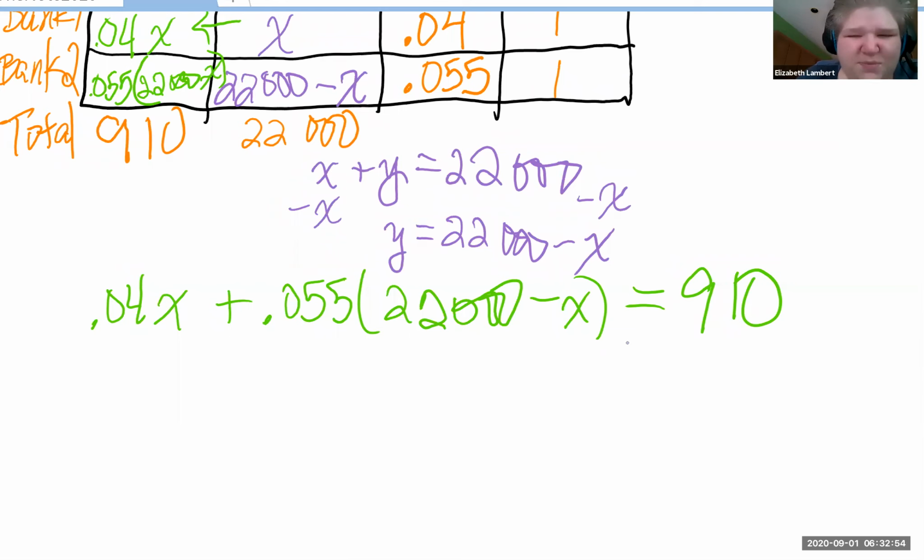And I find for this problem, because the 22,000 is so big, clearing the decimal, we could, but it's actually not that bad. That being said, calculator. I don't want to do 22,000 times 0.055 by hand. My brain is not awake enough for that.